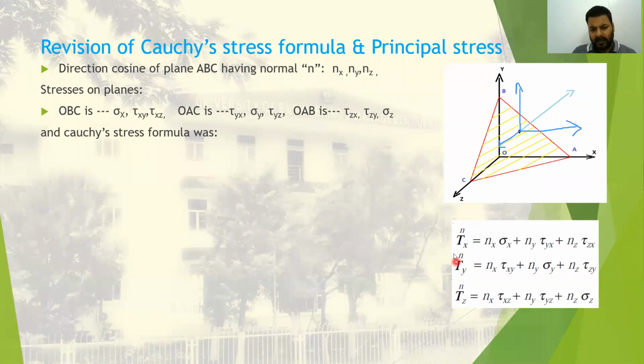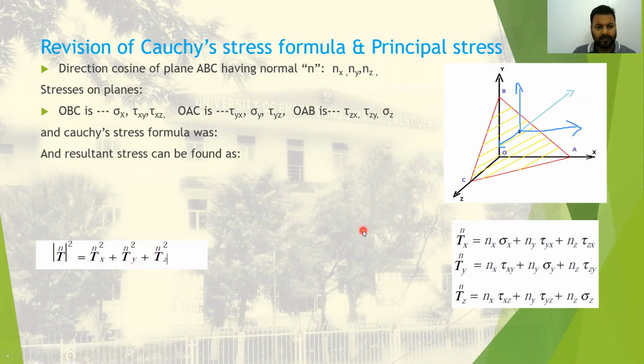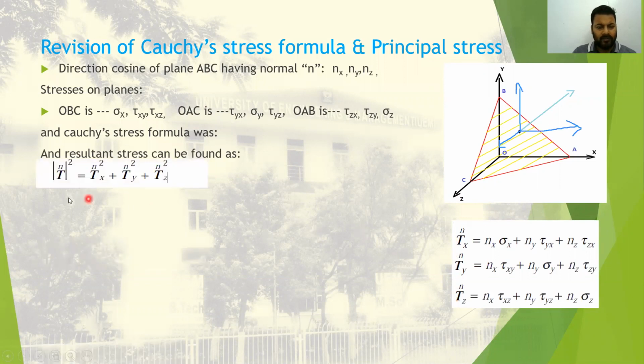And the resultant of Txn, Tyn and Tzn can be found by this formula: Tn square is equal to Txn square plus Tyn square plus Tzn square. The magnitude of the resultant stress can be written like this.